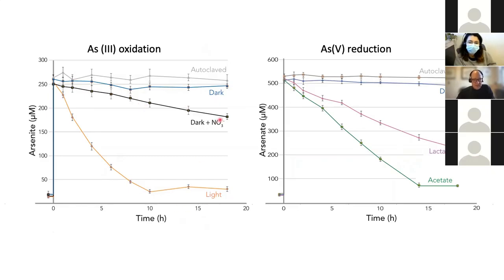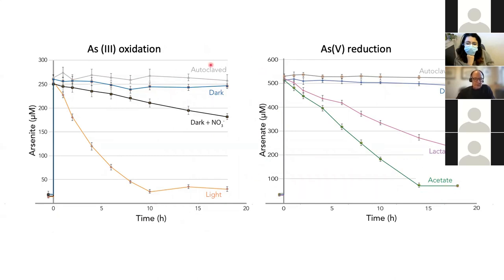If you give nitrate, it also goes, but much slower in the dark, and when you kill the bacteria, nothing happens. In a similar experiment you add a shot of arsenate, the arsenic-5 compound, and you give some organic carbon, and you see that over time this arsenate is being consumed in the presence of organic carbon.